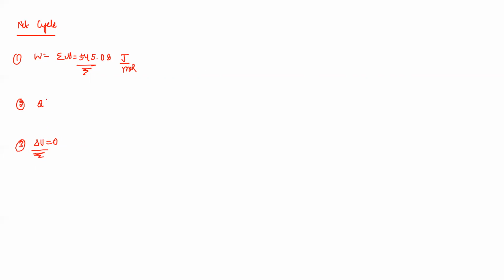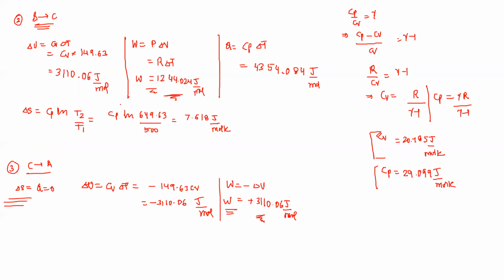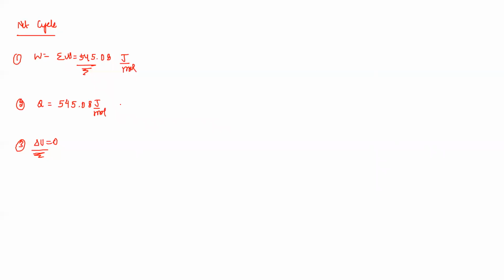So finally, from first law, you'll get Q is equal to W for a cycle. Therefore, it's going to be 545.08 joule per mole. To verify that you've not made any mistakes, you can actually add the heat in each step, and you'll get the same result.